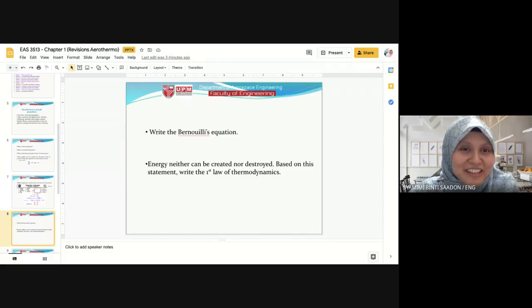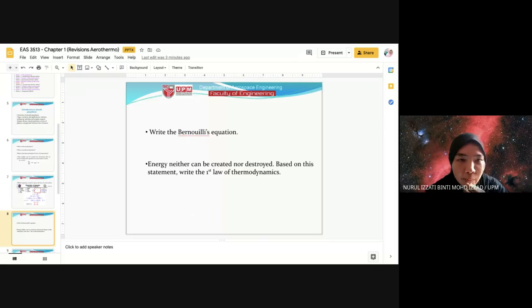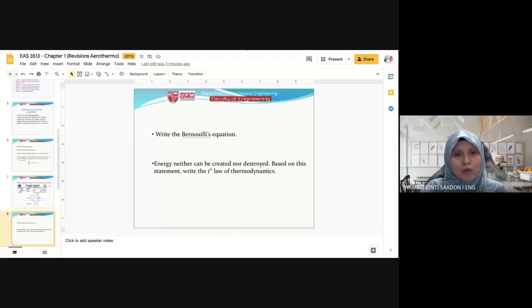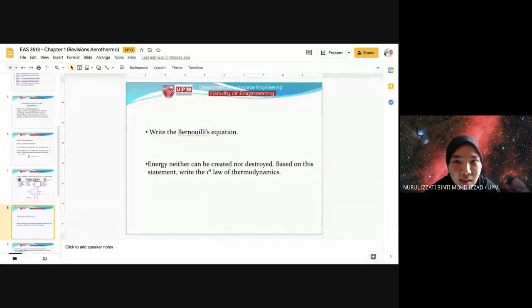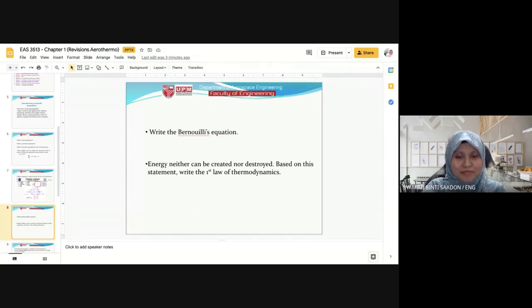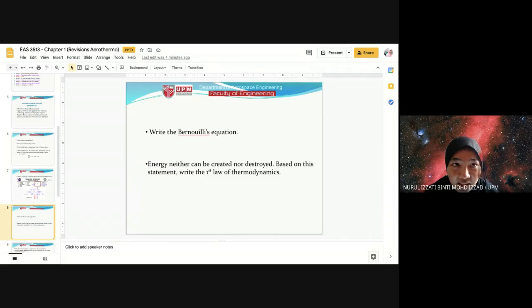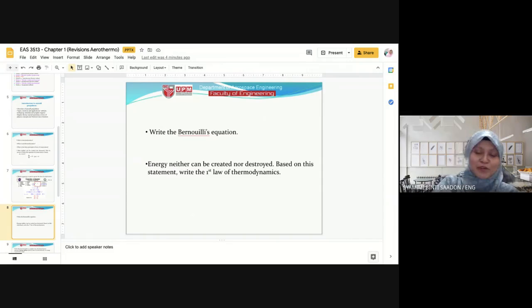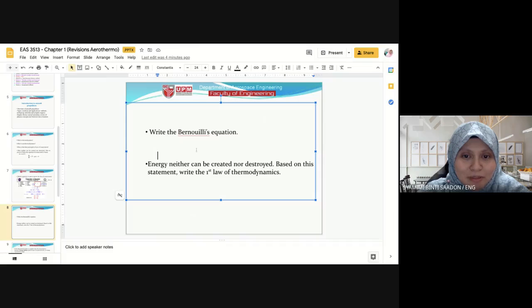Okay, Izzati. Bernoulli's equation, what terms and values are in it? Pressure. Okay, pressure plus half rho v squared, plus rho gh, equals a constant, conservation. Okay, thank you. So this is the basic Bernoulli's equation.